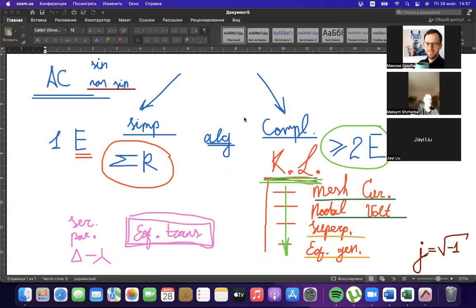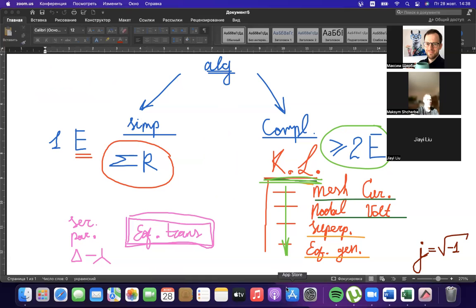In any case, we move to this picture. What have we already discussed up to this point? We discussed this part, how to find the total resistance.